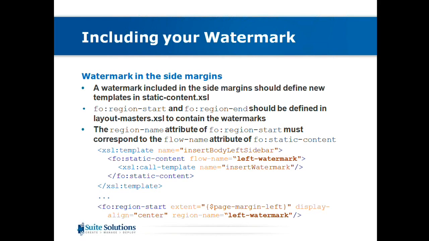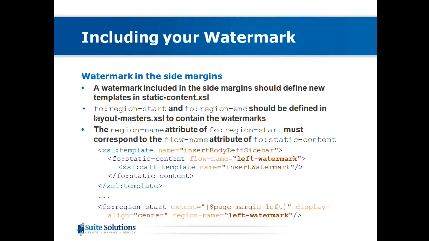In this code snippet it was just defining that the text should be centered in it. And then you see region name equals left watermark. That's a name that you make up. You define what the region name is called, but it's important because it's used in another place, as we'll see in a moment.